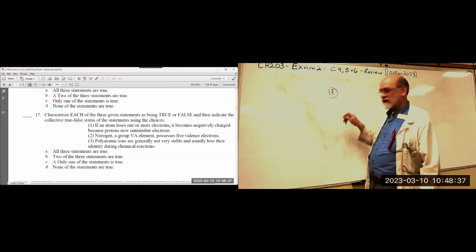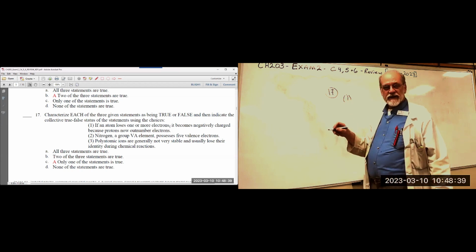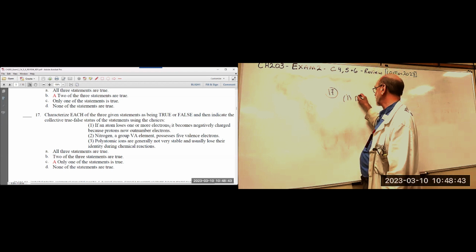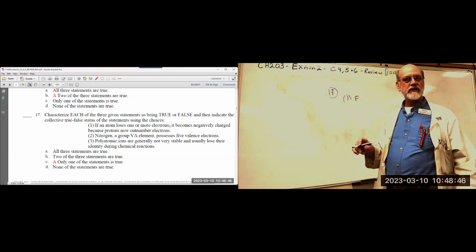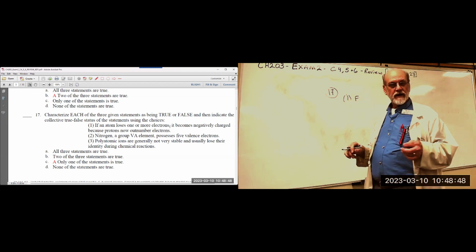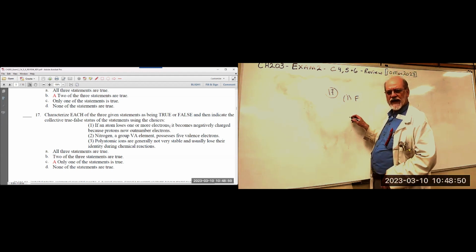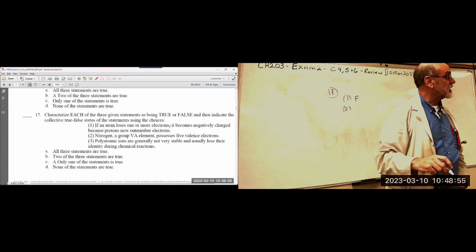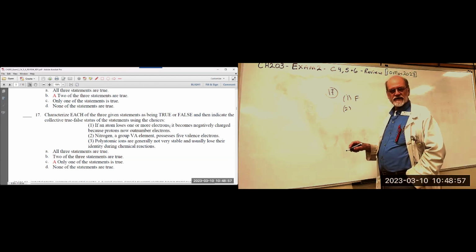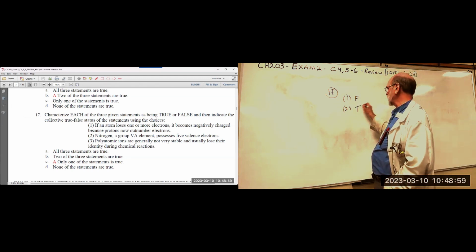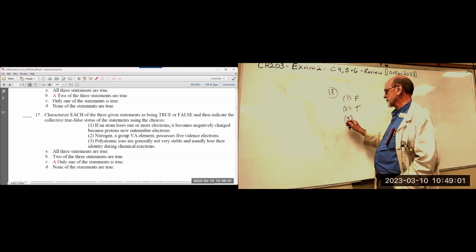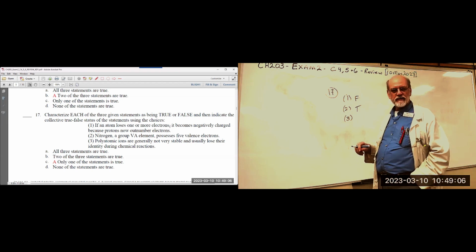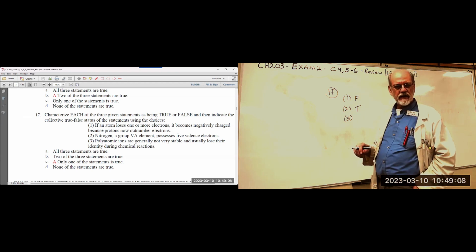Okay, number 1. If an atom loses 1 or more electrons, it becomes negatively charged. That's false. If it loses electrons, it's going to be positive charge. Number 2, nitrogen, a group 5A element, possesses 5 valence electrons. Yes, nitrogen's a 5A. That is true. Polyatomic ions are generally not very stable and usually lose their identity during chemical reactions.